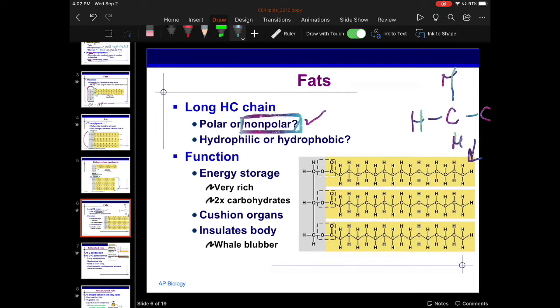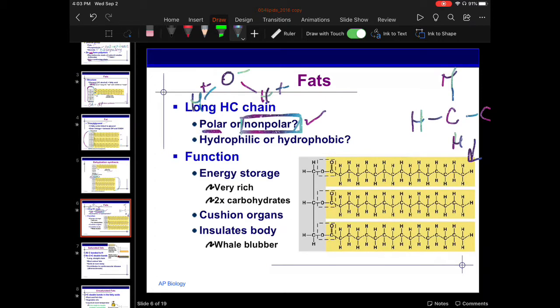And so what do we know about non-polar? Is it hydrophilic or hydrophobic? Well, we know that water is what? Water is polar. And since water is polar, it is sticky, and other things that can bind with it are going to be also polar.